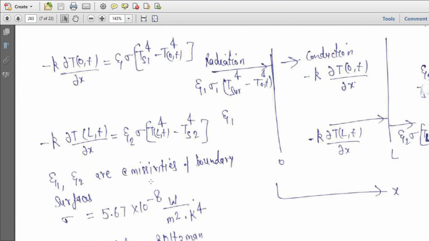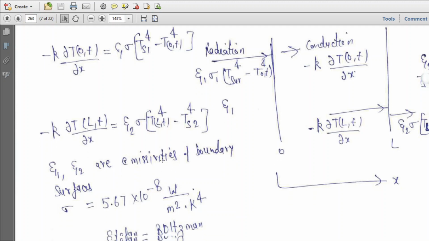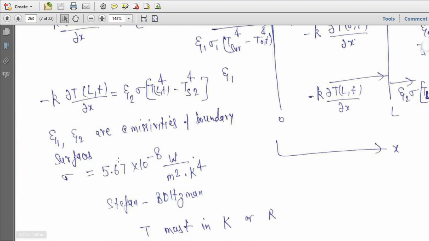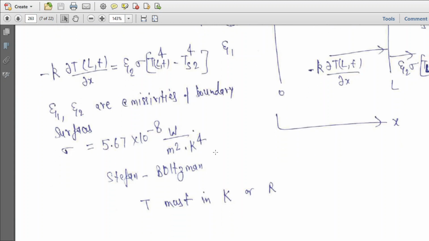Epsilon 1 and epsilon 2 are the emissivities of the boundary surfaces. Sigma is the Stefan-Boltzmann constant, 5.67 times 10 to the power minus 8 watt per meter square per Kelvin to the power 4, and T must be in Kelvin only.